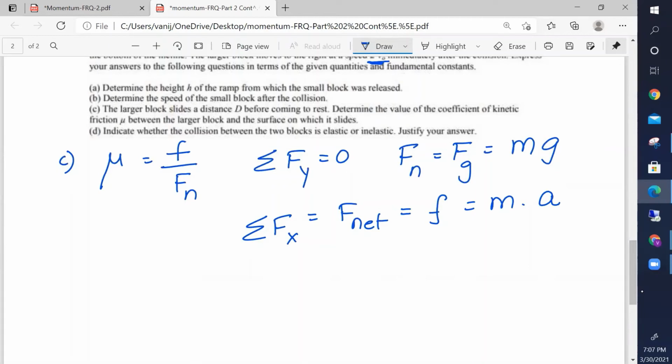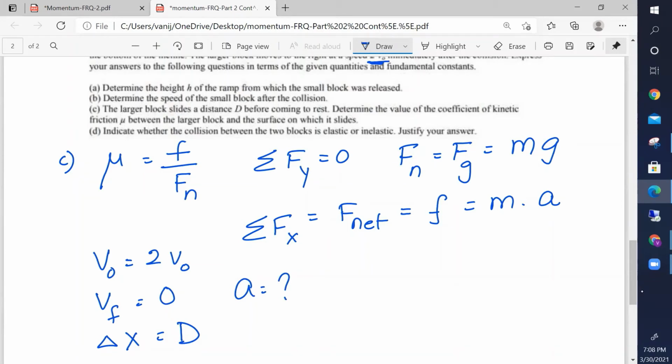I know the mass. If I can figure out acceleration, then I can figure out friction. So let's find acceleration, because we know the initial velocity of this 1.5 m block is 2 v0, the final velocity is 0 because it's coming to a stop, and the distance it traveled is d. Using kinematic equations, I can find a, the acceleration.